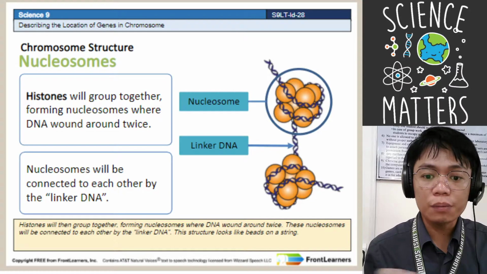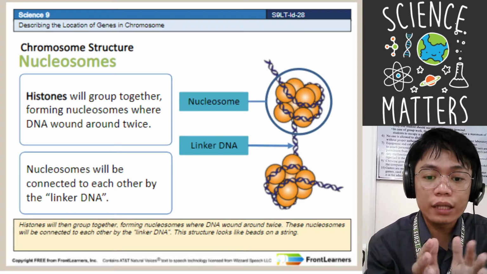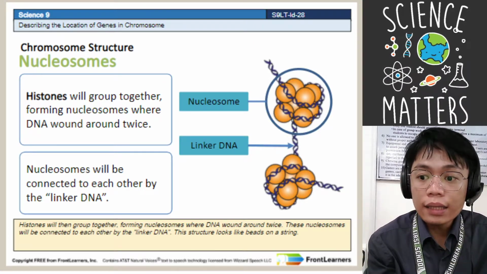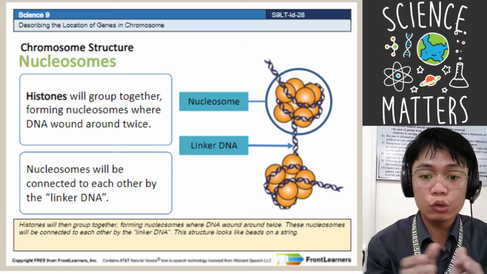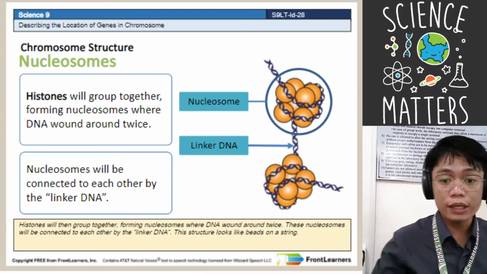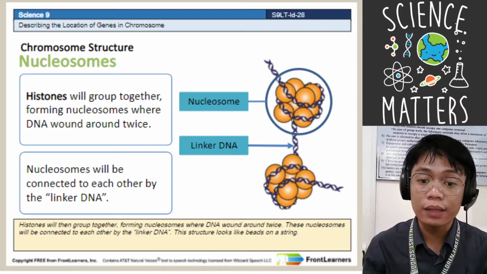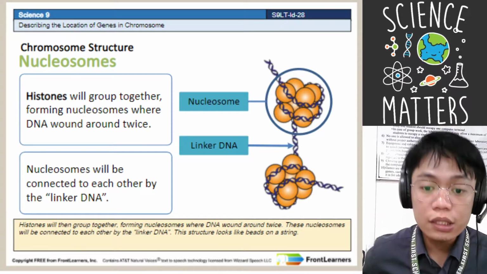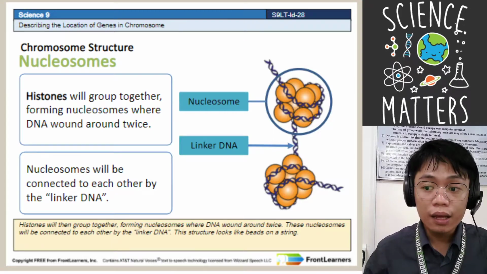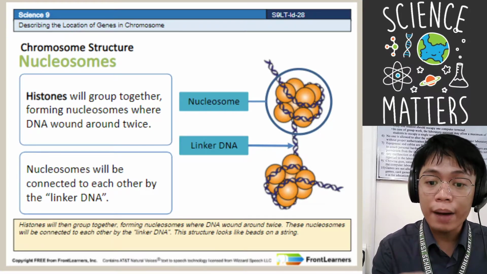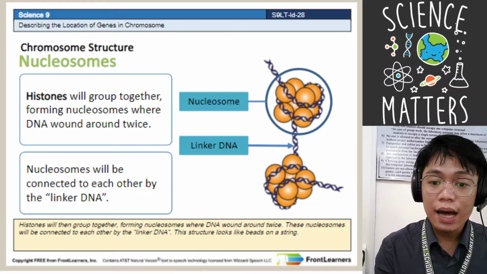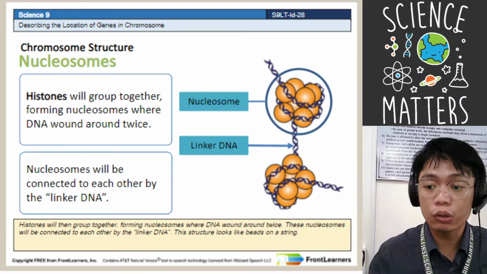So kailangan siyang mabalot muna or ma-condense or papag-isa, kailangan ng tinatawag natin na histone. At ang histone na yun ay yung protein kung saan dun maibabalot yung strands at kapag naibalot na yun, ang tawag dun is nucleosome.